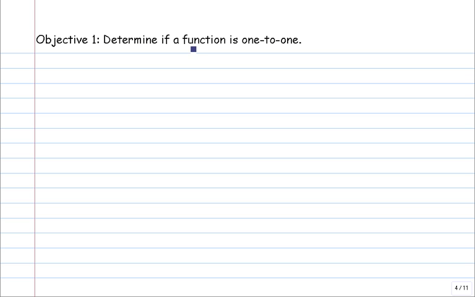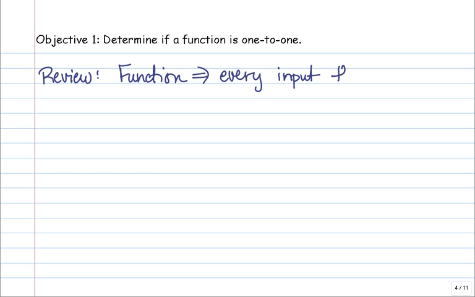Well, first of all, what do we mean by a function? Let's review that. A function means this: for every input, there's only one output, right? Now, if you recall, we had no restrictions on the outputs.